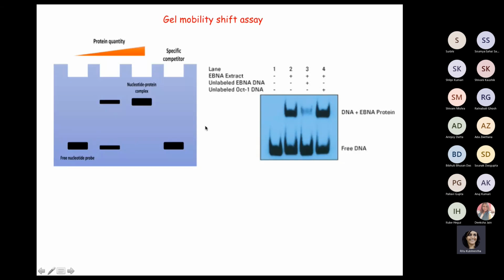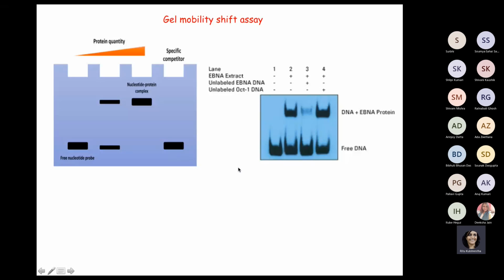So what will happen in the tube in which I've added the competitor, apart from my probe and the protein? Because the competitor, which is just unlabeled DNA, is in much more quantity as compared to your DNA probe, it will bind to the protein, but because it is not labeled, I will not see its band, and still I will see that my probe is present here. So there are certain experiments that you do to ensure that your binding is specific.